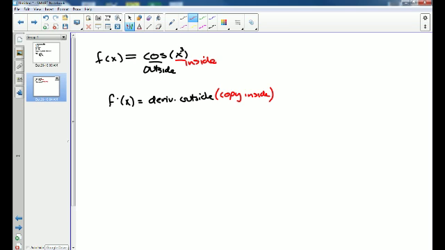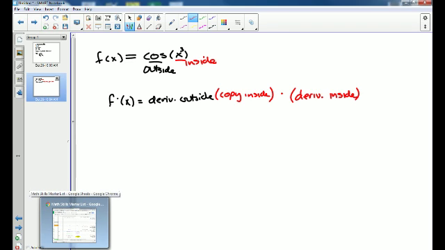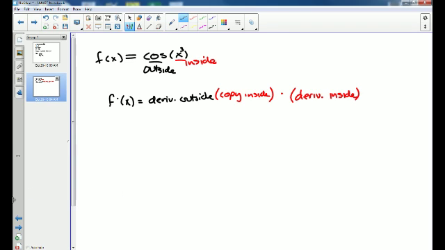And then we will do the derivative of the inside. We'll work our way outside in. There's nothing else to copy that's left.